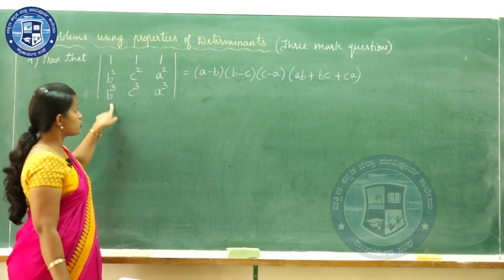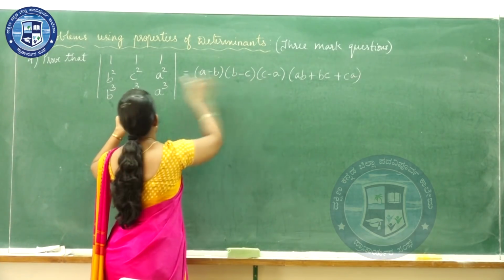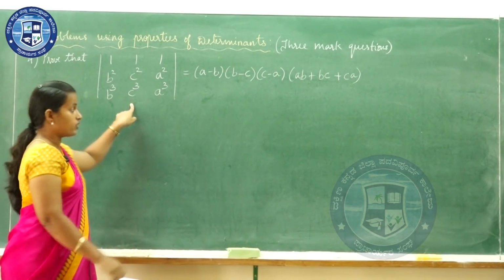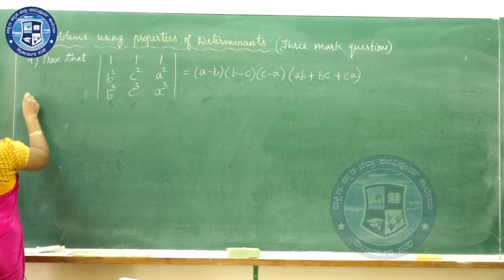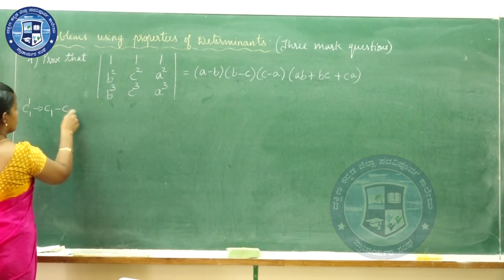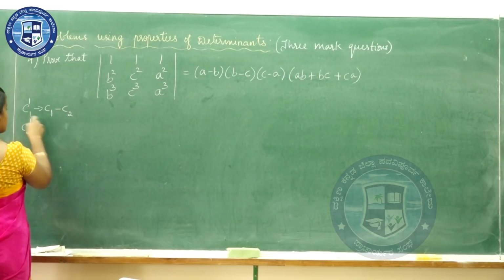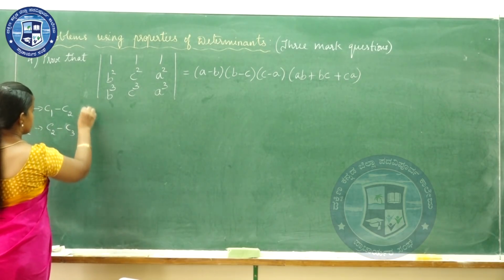So one operation to be used is column 1 minus column 2. Another operation is for c minus a, column 2 minus column 3. So let us check. So column 1 replaced with column 1 minus column 2 and column 2 is replaced with column 2 minus column 3.